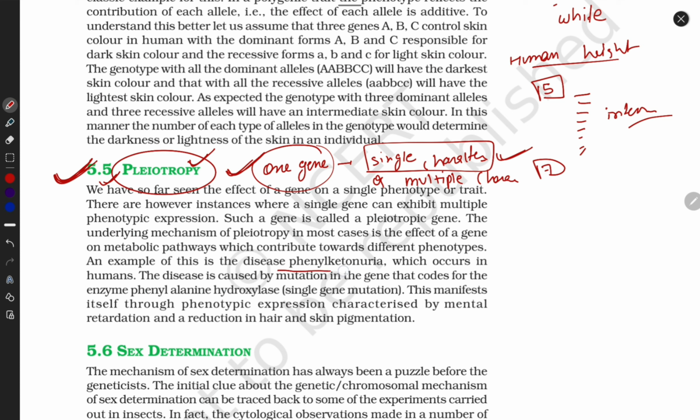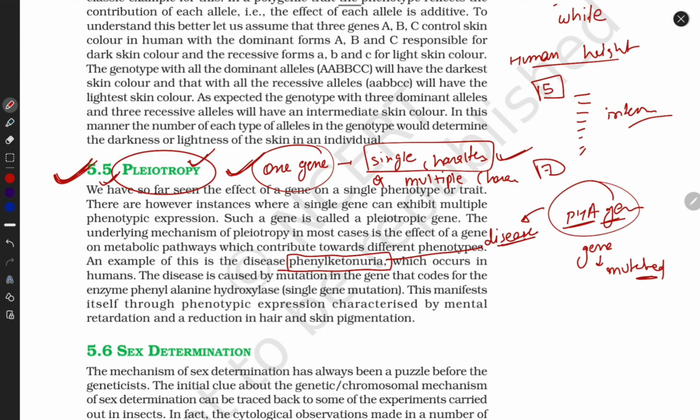None other than phenylketonuria. This is a disease, okay? Some gene is responsible for coding, I don't remember exactly which gene it is, but if the phenylketonuria gene gets mutated, it causes this disease.